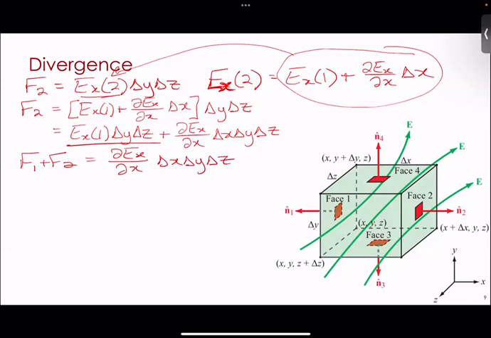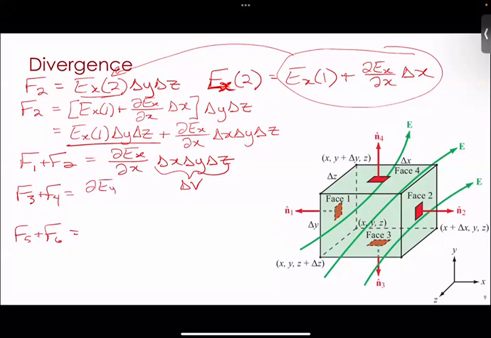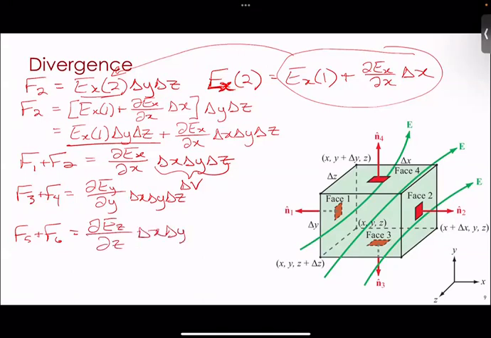What is delta x delta y delta z? That's the volume: length times width times height. If we did F3 plus F4 and F5 plus F6, we'd get something very similar: the partial derivative of Ey with respect to y, delta x delta y delta z, and the partial derivative of Ez with respect to z, delta x delta y delta z.